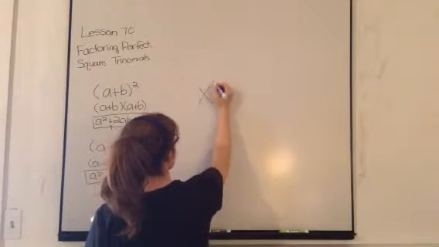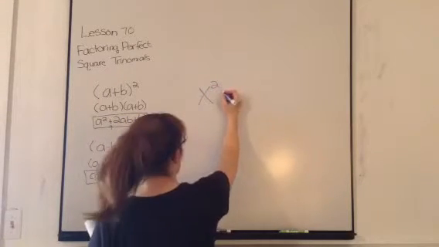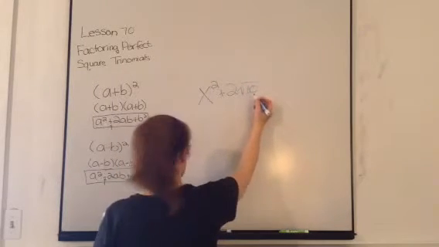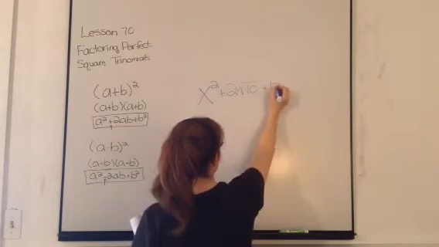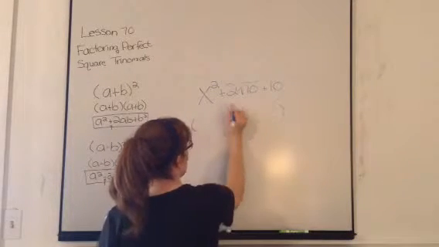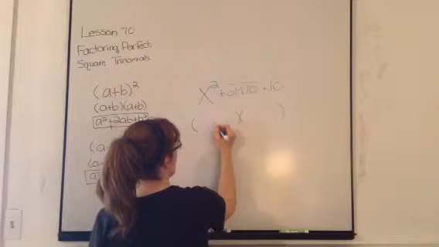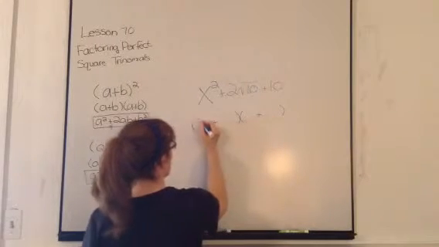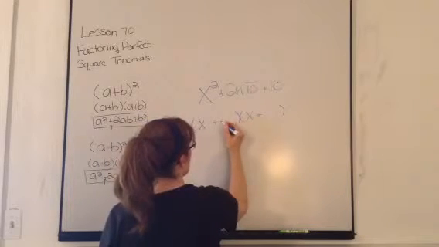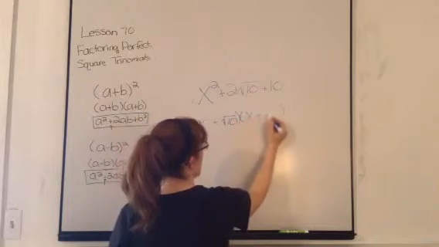We have x squared plus 2 times the square root of 10 x plus 10. Since we're adding the middle term here, we know that we're adding. The square root of x squared is x, and the square root of 10 is just the square root of 10.